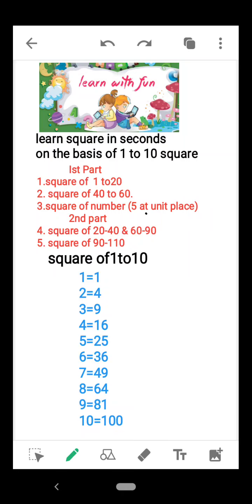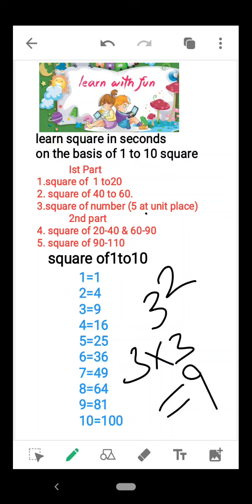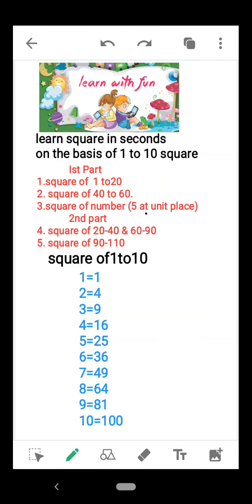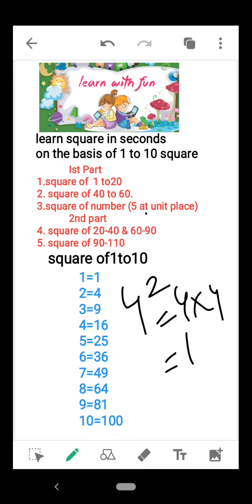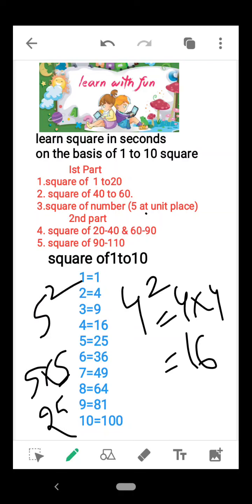Same like other numbers, like 3 square, 3 into 3 is 9. So squaring of 3 is 9. Squaring of 4, 4 into 4 is 16. Squaring of 5, 5 into 5 is 25.